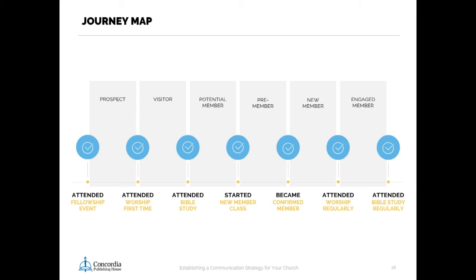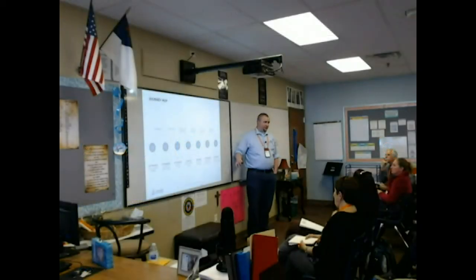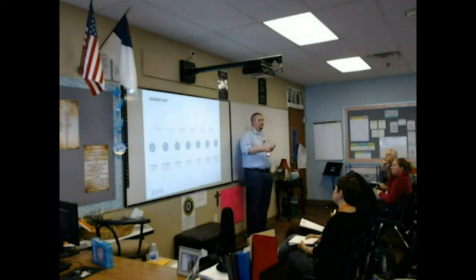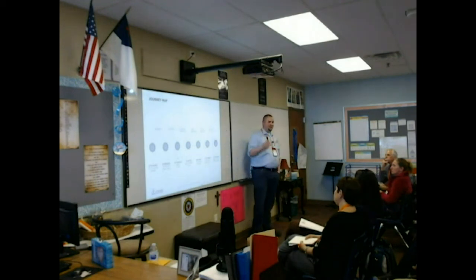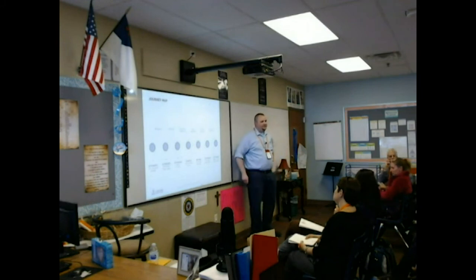The other thing is you might have different maps for different goals. They might not all fit on the same map. Your outreach might revolve around your preschool, and that's one goal, and your inreach might revolve around just the church, so you're going to have very different maps. Would you have a different communication strategy for existing members?